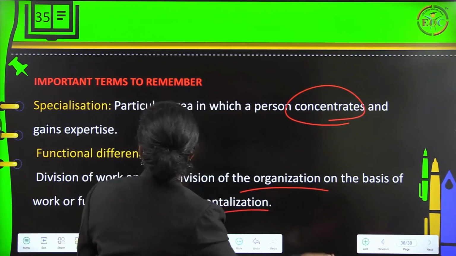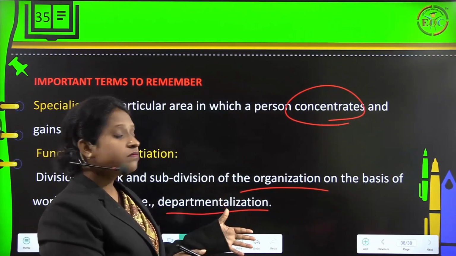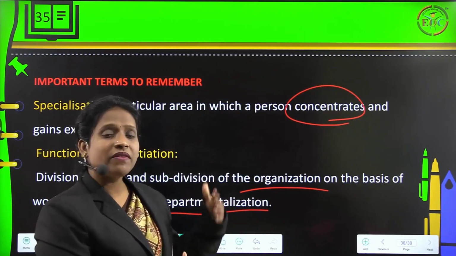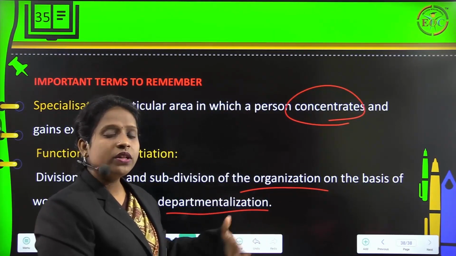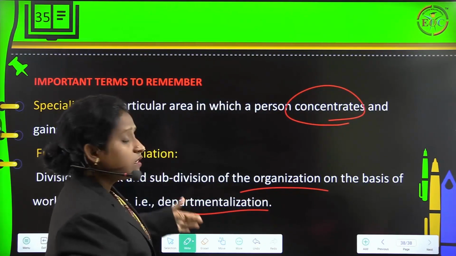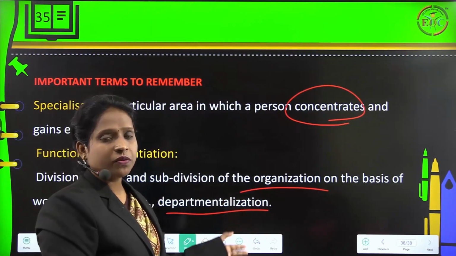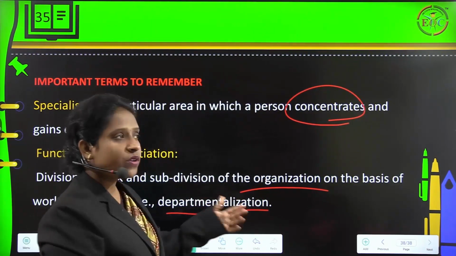That is what we call departmentalization. Departmentalization is what? Each department will have a head, and they will take care of all the operational activities of the particular department. So that is the reason that division of work is also important, and this division of work is what we call departmentalization.